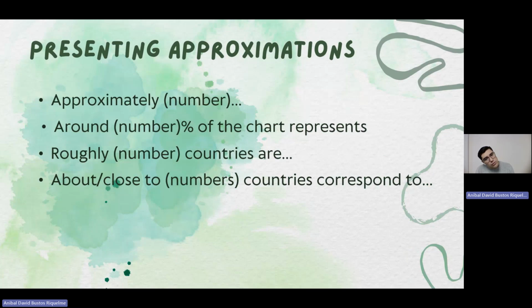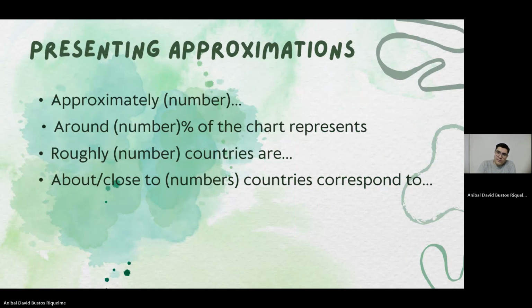We can say around, alrededor de. Roughly, aproximadamente, or about or close to, cerca de, countries correspond to. So in general, those are the things that we can talk about in this type of chart, in this pie chart.